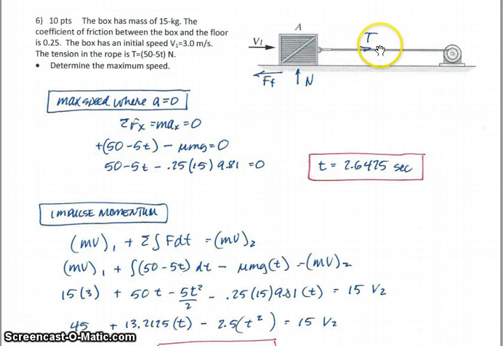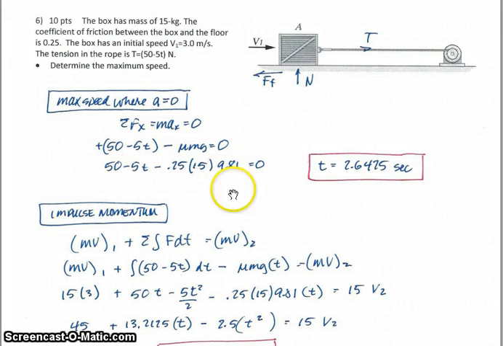I have this tension, which is the pulling force, which is 50 minus 5t. And I have the friction force pulling back, and setting that equal to 0, I can solve that for the time at which the acceleration is equal to 0. And when the acceleration is equal to 0, that's where the max speed occurs.